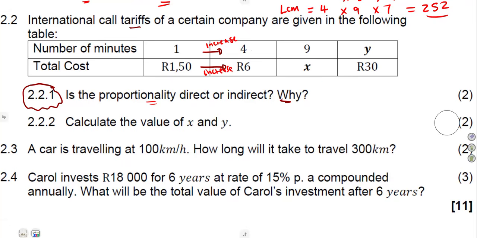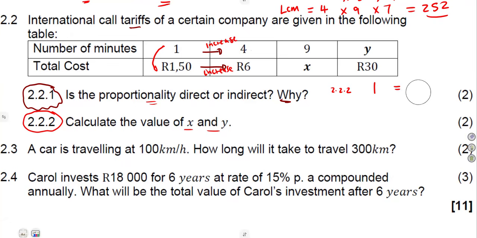So as we know that it's a direct proportion, now we are being asked to calculate the value of x and y. All right, remember our direct proportionality concept, guys. In this case, let's consider here. We can take 1 corresponding to the total cost. The number of minutes, 1 minute corresponds to the amount 1 rand 50.